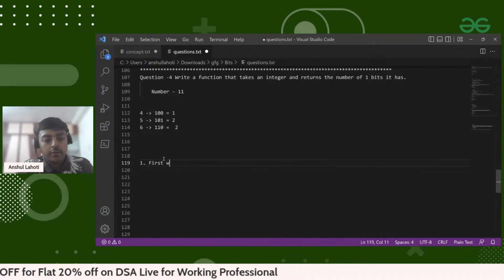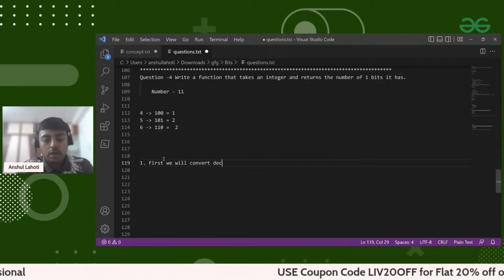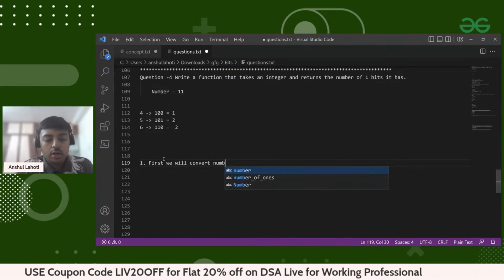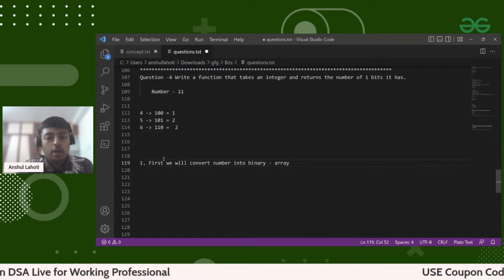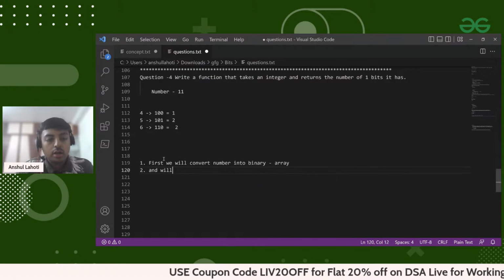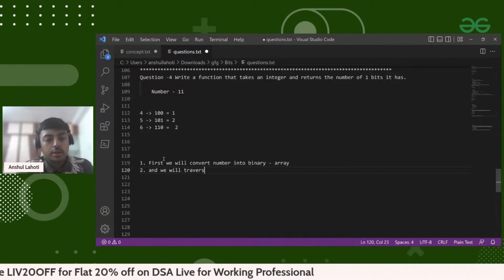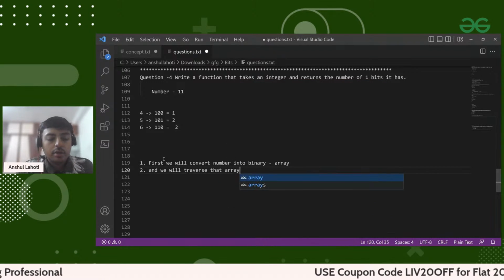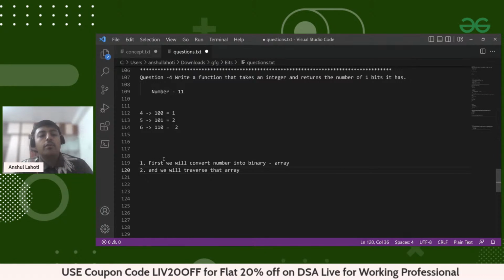First, we will convert the decimal number into binary and store its representation in an array, and we will traverse that array and count the number of ones.